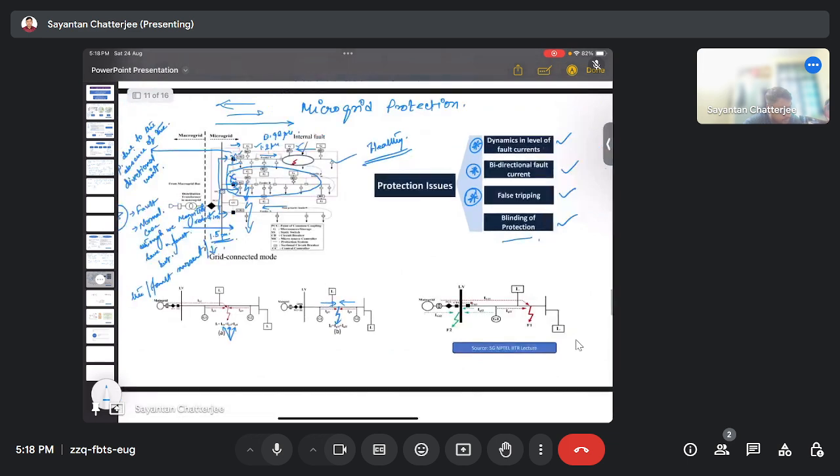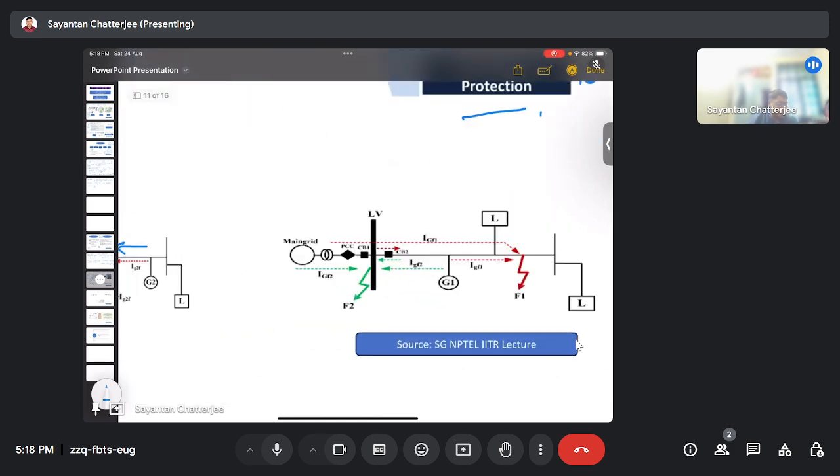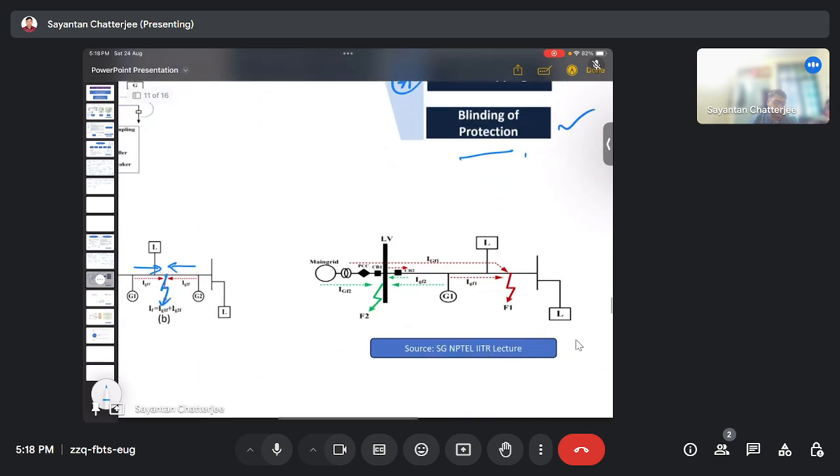So the fault current is coming from the bidirectional side. Again, this is false tripping. So as I have discussed, the relay for CB1 would face a lesser fault current. Okay, just wait one minute.